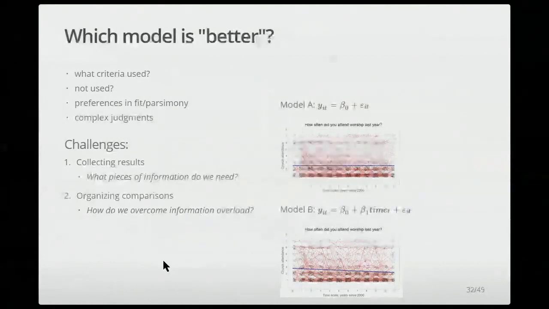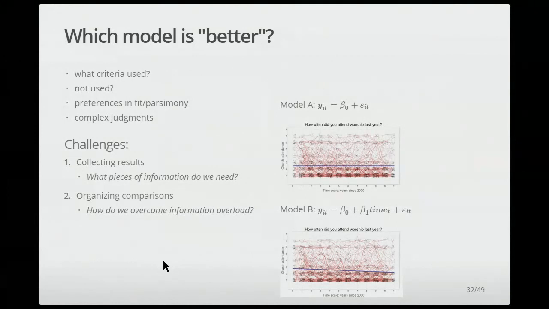The second challenge is, let's say we've identified what we want to compare the models on. We say, well, we'd like to have our deviance, our BIC, AIC, and estimates.